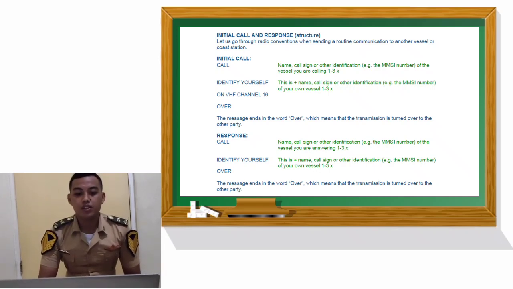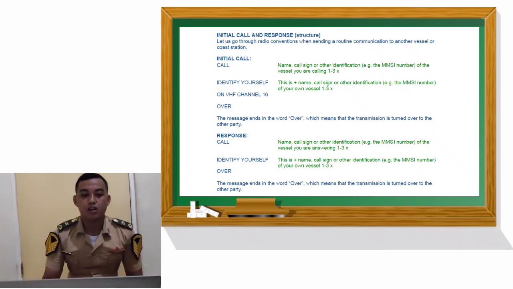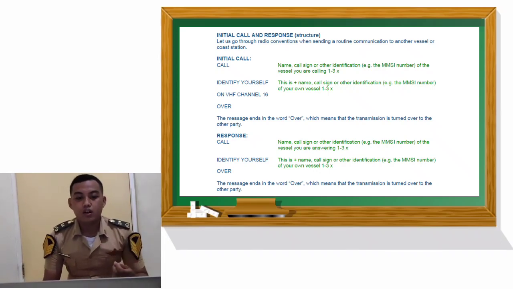This is Seaborn, this is Seaborn, Golf Foxtrot Charlie Charlie, calling you on VHF channel 16. How do you read me? Over. The response must be answered like that.